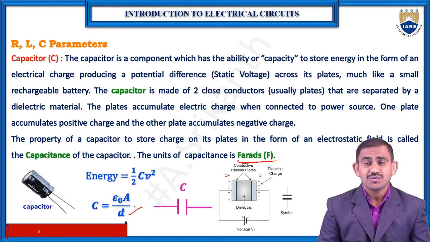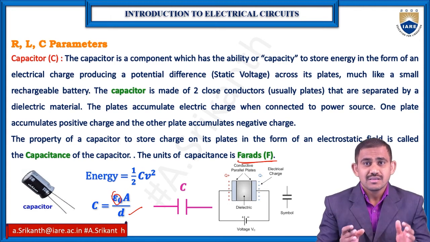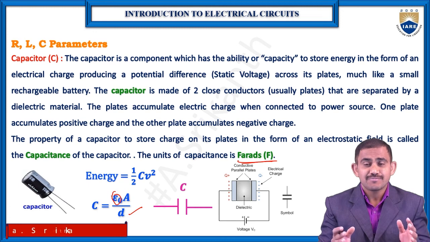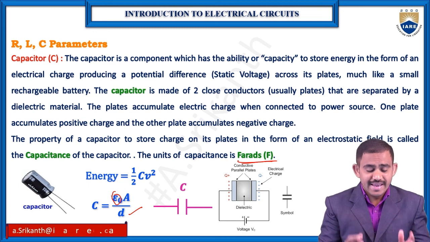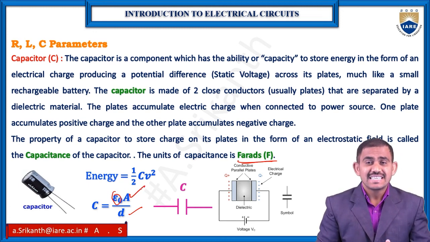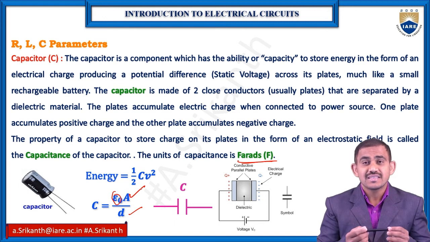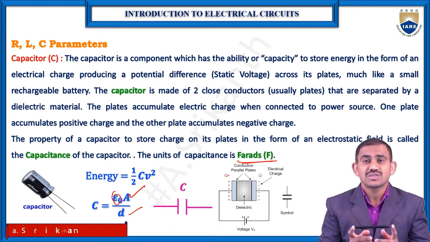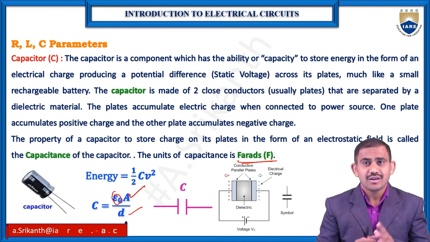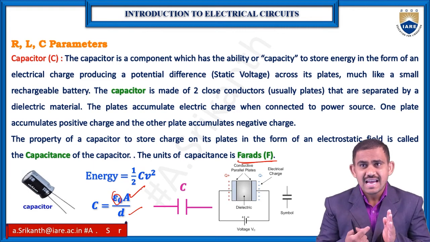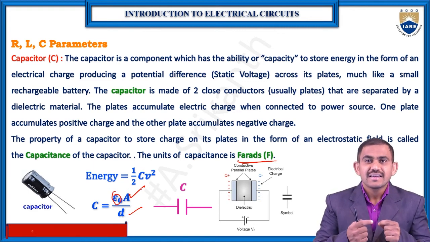Every plate has some permittivity, that is epsilon naught. A is the area, how much area the plates cover between them, and D is the distance between both plates. So we have two plates, the distance and area, and the plate material.